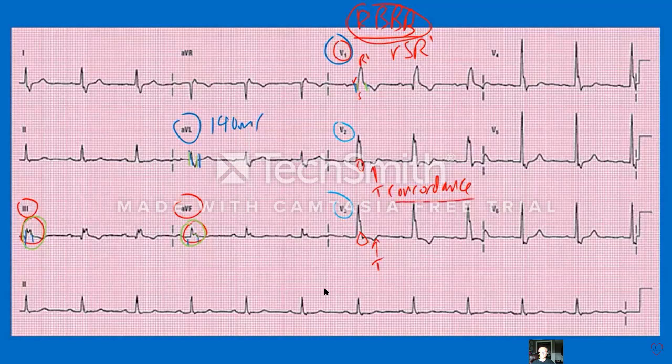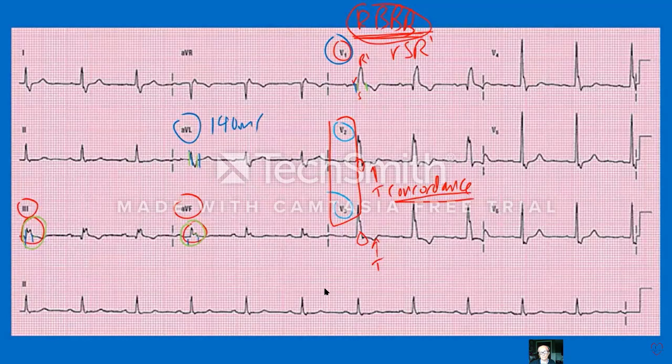So seeing concordance in these leads with the presence of a right bundle branch block is consistent with ischemia. Now, an old EKG and clinical correlation are necessary to make the clinical decision for treatment. But as you can see here, the right bundle branch block pattern with concordance in these two leads may be evidence of ischemia. Remember, discordance is the normal thing you should see when you see this right bundle branch block or any bundle branch block pattern.